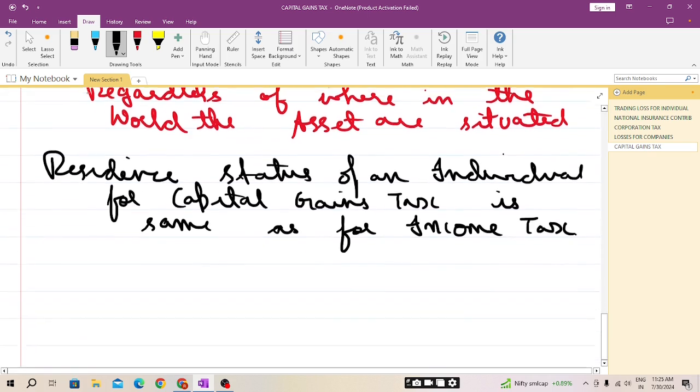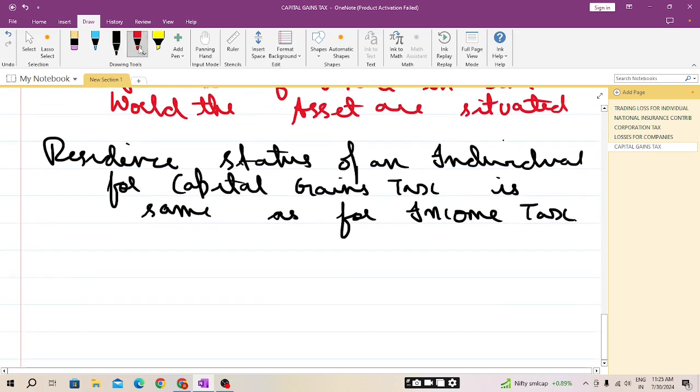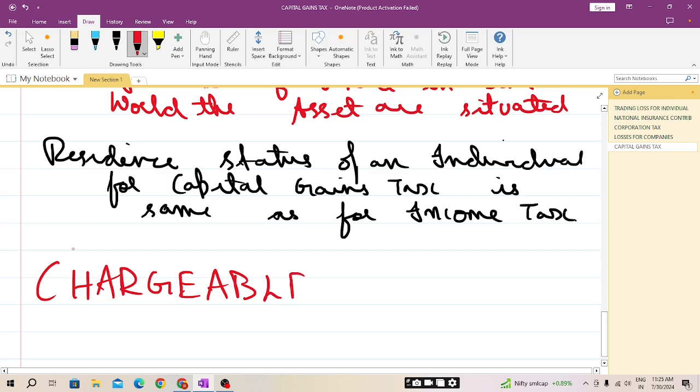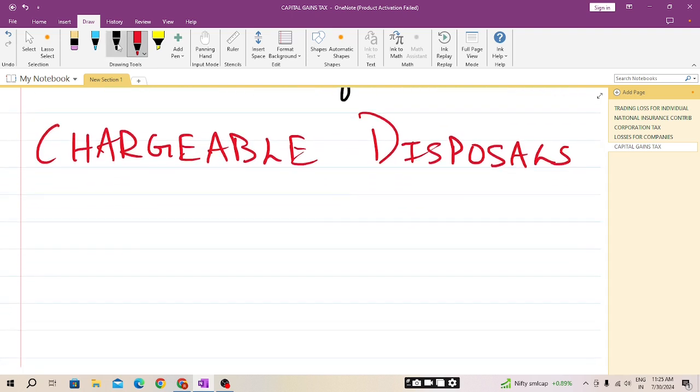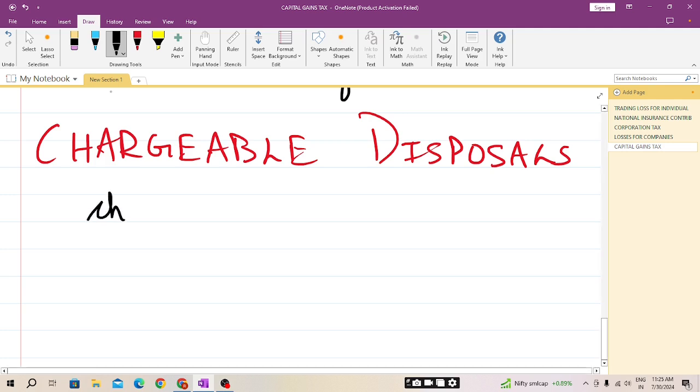Now students, moving to chargeable disposal. What does the term chargeable disposal mean? As we have already covered, students, we have 2 types: the chargeable disposal, and some types of disposal will be exempt.